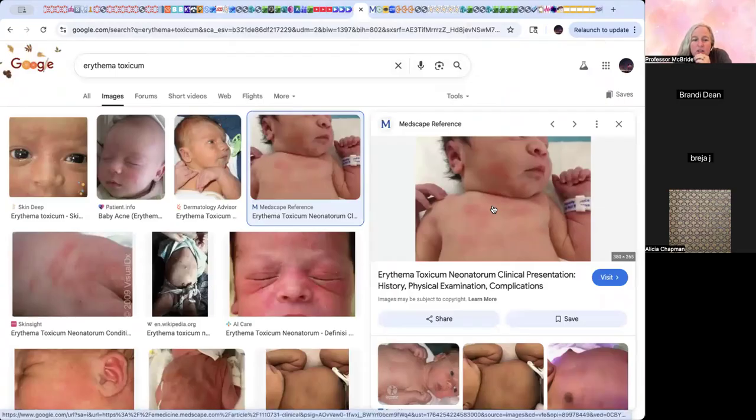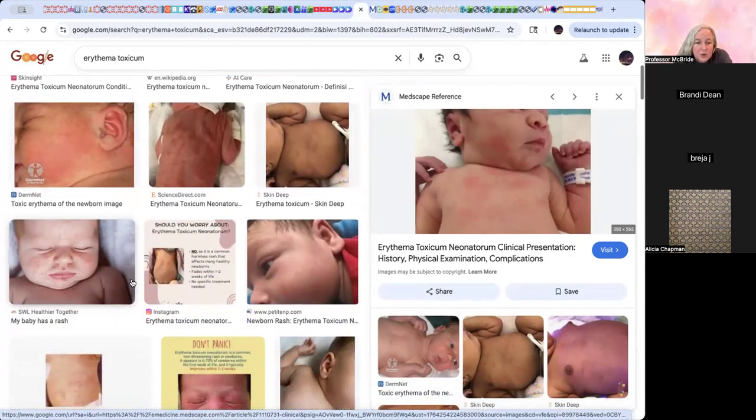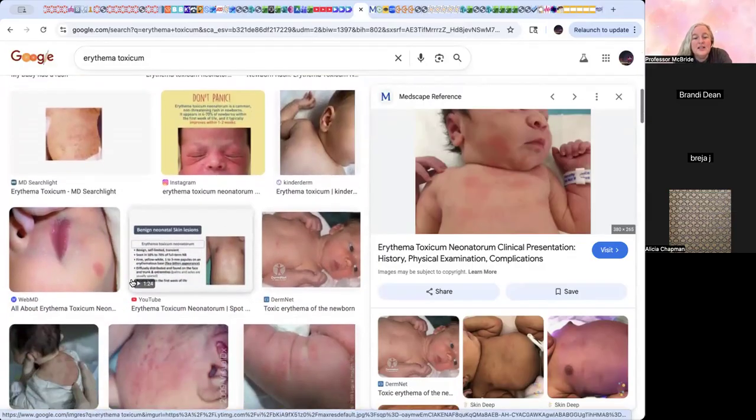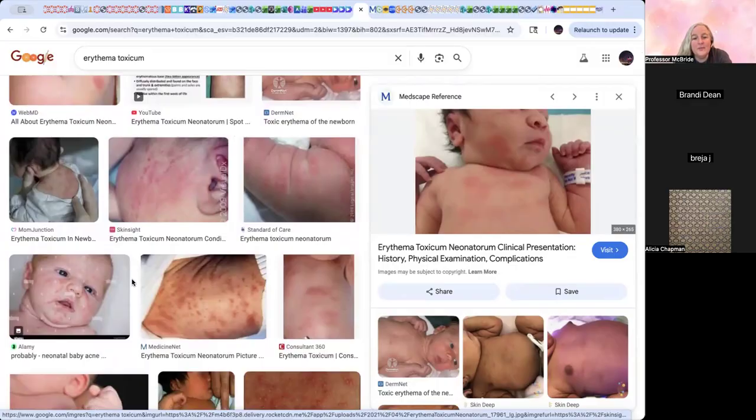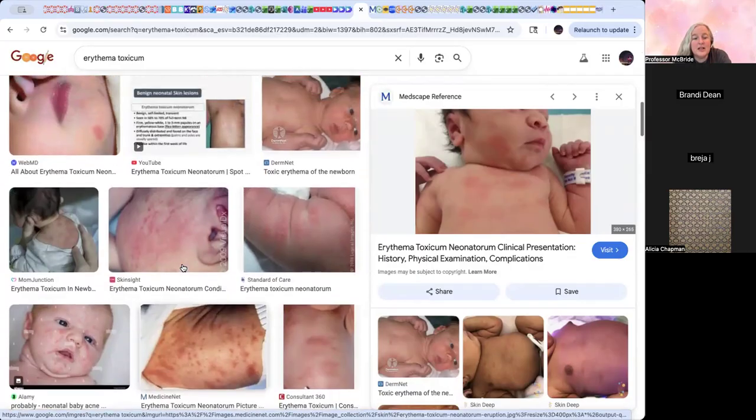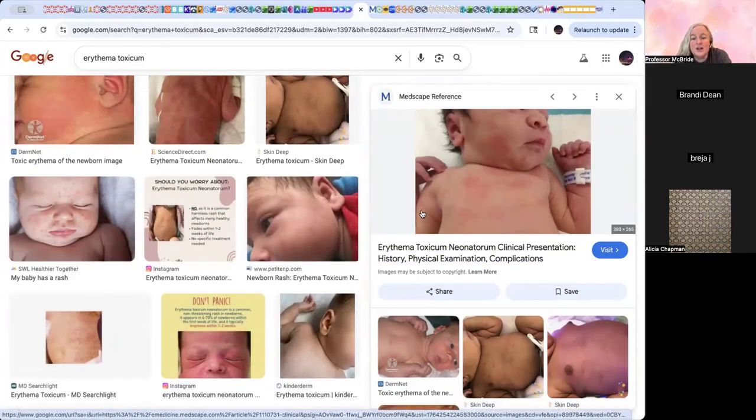It's red and blotchy, and it can even have little dots in it. That's also very normal. One pediatrician I work with talks about how babies have been living in an aquarium, like a fish, and now they have to adjust to being a land animal. Which is kind of silly, but it's a big change for the skin to go from being in the amniotic fluid to being out in the air, so they can get this rashy stuff on them.